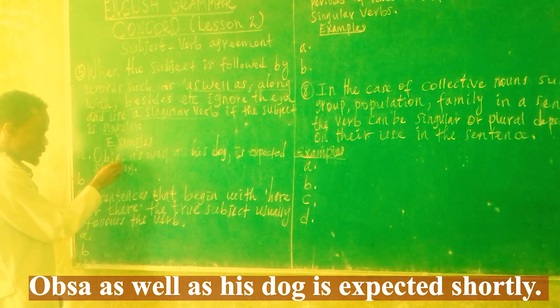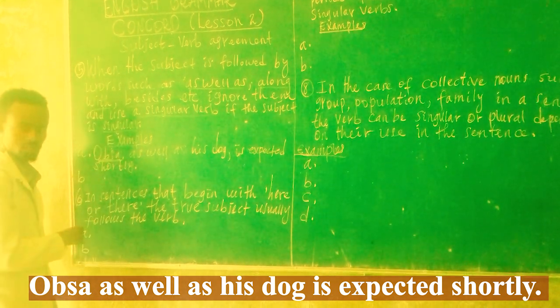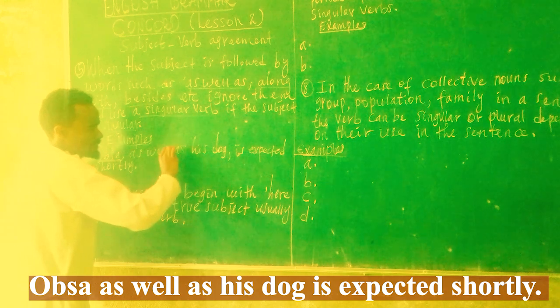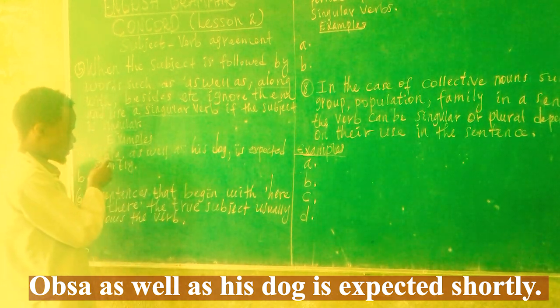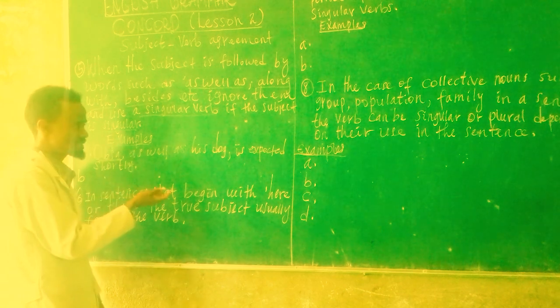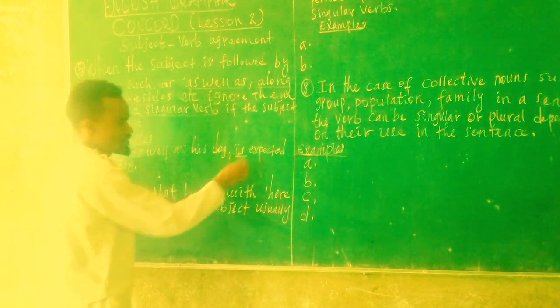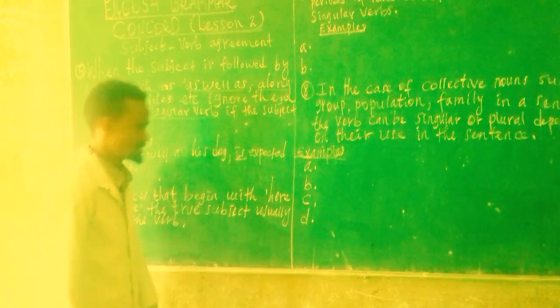This means we see the first subject, and we ignore the subject after as well as. Since Ofsa is a singular subject, we must use the singular verb.